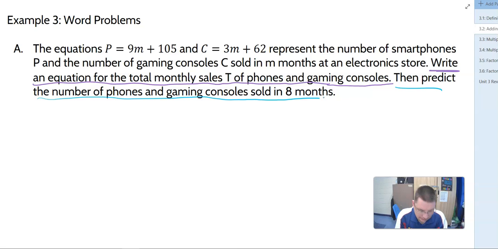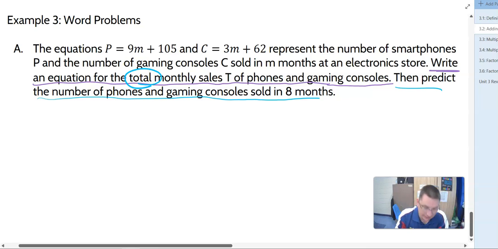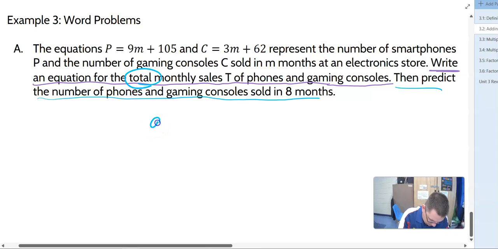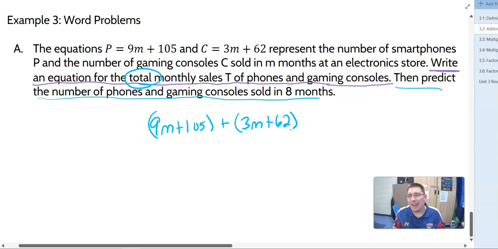Well, we're looking for the total monthly sales. So if I'm looking for a total, what operation are we doing? We're adding. And so I'm going to take the phones, 9m plus 105, plus the cell phones, 3m plus 62, and I'm going to add them together. And that's going to be equal to our T. Because again, it told us that T is the monthly sales of the phones and the gaming consoles.